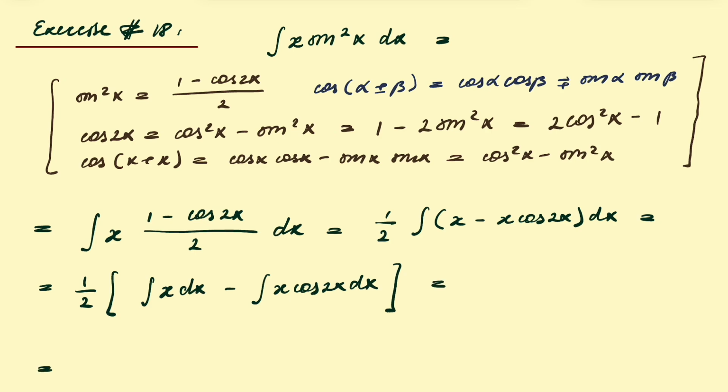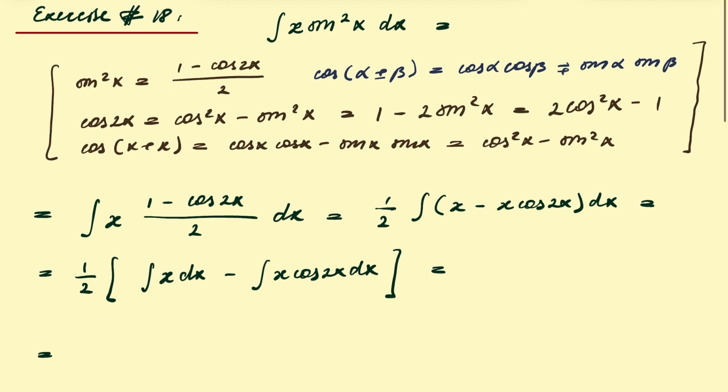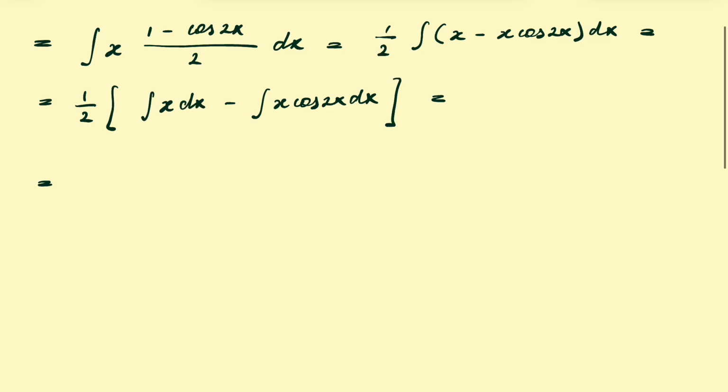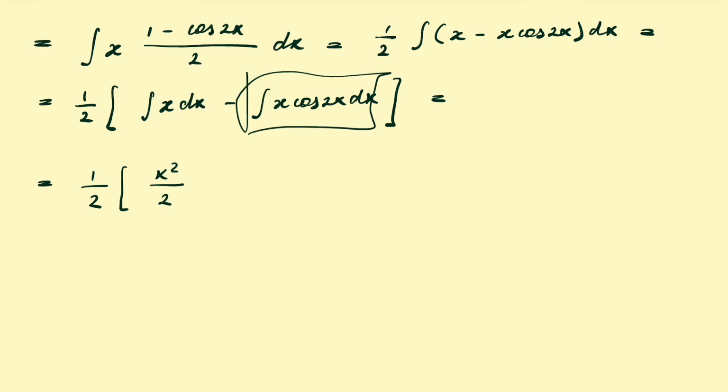After this point, for some of you, the answer might be already known. Nevertheless, let's see what will be the final answer, since the integral of x dx is not a problem. It's x squared over 2. We have plus c, but since we also have another integral, I prefer adding some constant in the end.